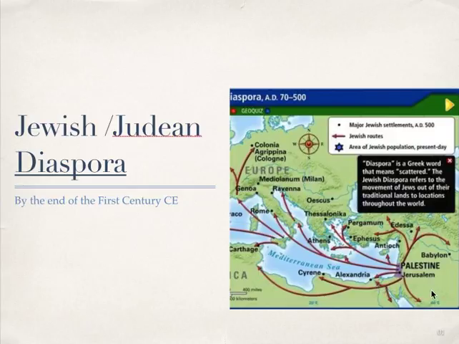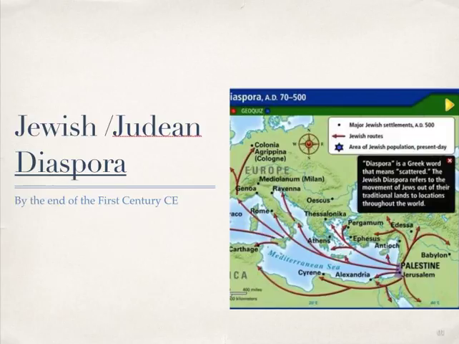These lines show the migration of Judeans across the Greco-Roman world, from Rome as far west as France, all over North Africa, really. Carthage, Cyrene, Alexandria was a large population of Judeans there. One of the most famous was Philo of Alexandria. He was a philosopher and historian.